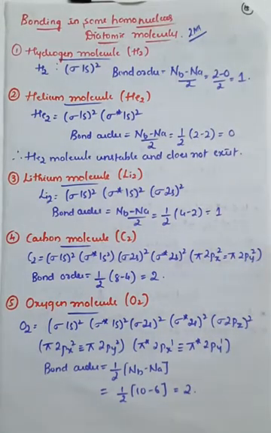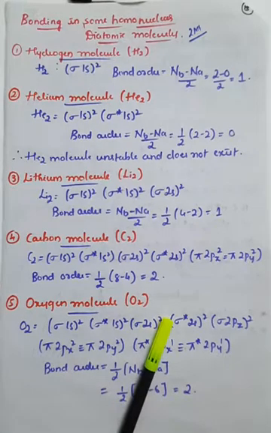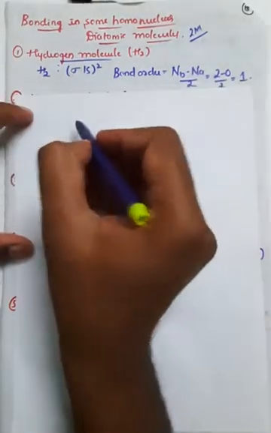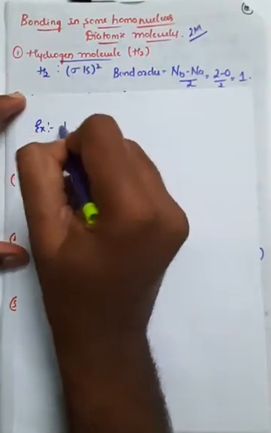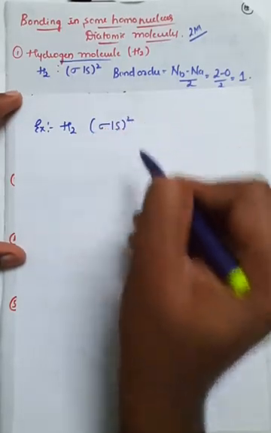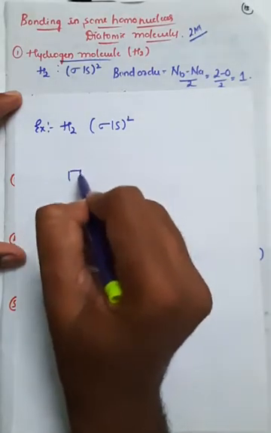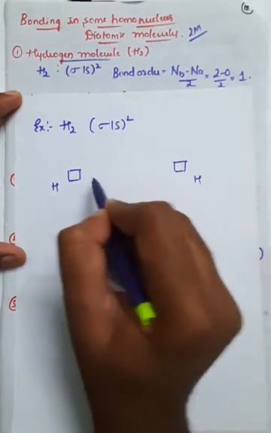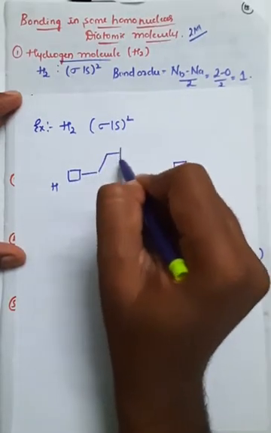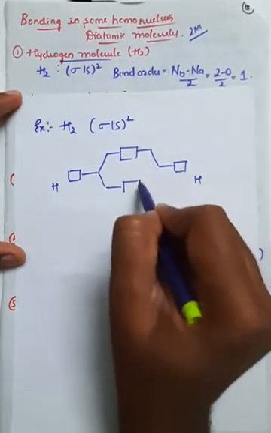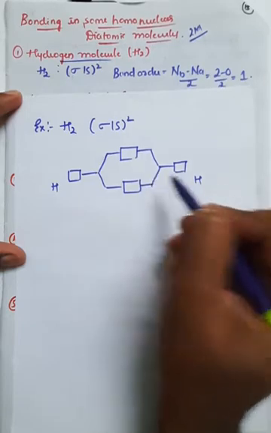If you write the pictorial diagrammatic representation of this hydrogen molecule, we know that H2 has the σ1s2 electronic configuration. If you draw here, this is hydrogen and this is also hydrogen. Hydrogen consists of 1 electron. Further, it will have an antibonding molecular orbital. We know the diagrammatic representation of orbitals.